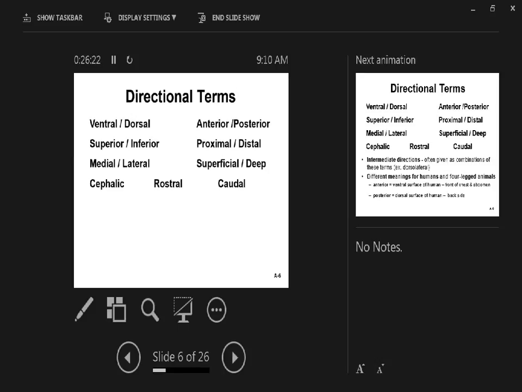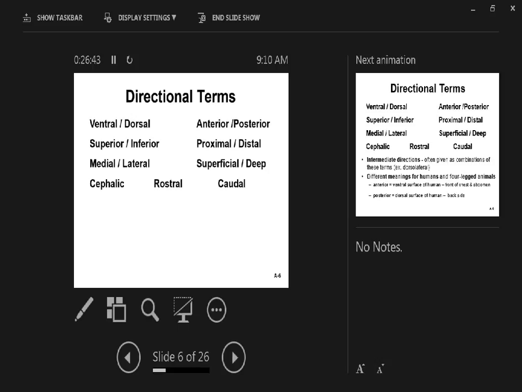Distal, right? And the hips would be what? That's easy, isn't it?